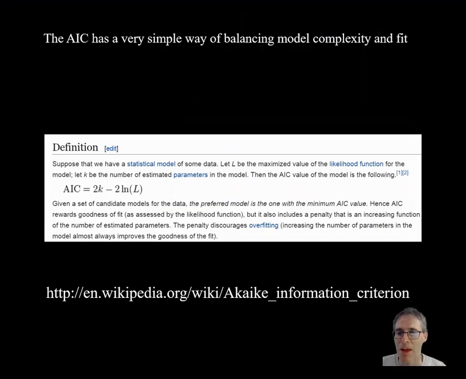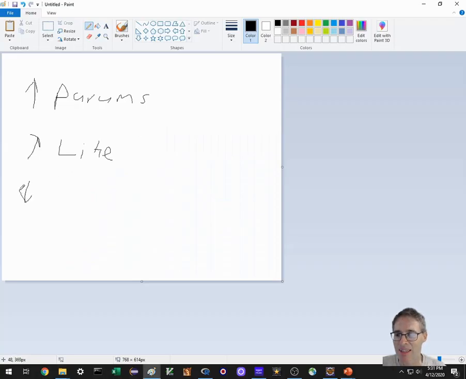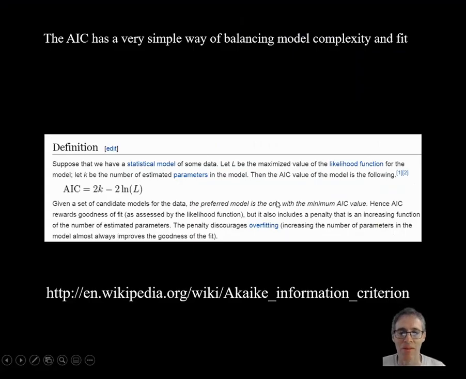But the likelihood is on the negative side in the formula, so the value of the AIC is going to decrease. Better models are going to have a minimum AIC, which is what it says on the wiki. As the model becomes increasingly likely, this number becomes more positive, but because it's in a negative sign, the overall AIC becomes more negative.